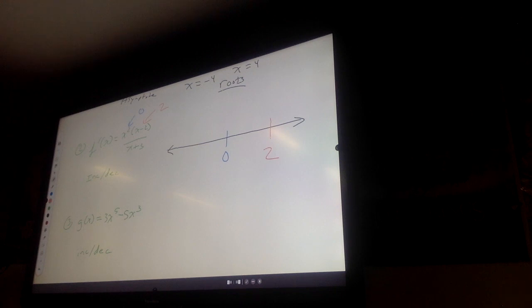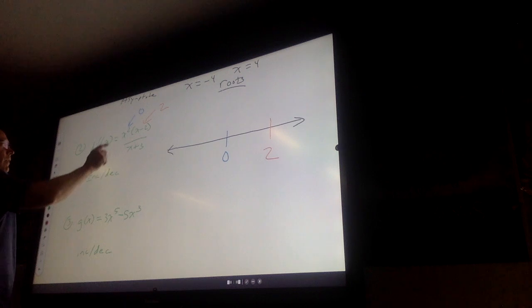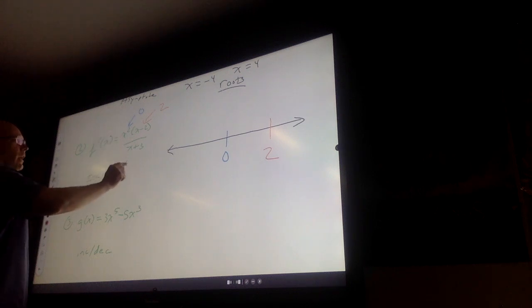So let's think about this. What's a number that is left of 0? Just a number. It's not up there on the thing. Which one? -1. Okay? So I'm going to think about if I were to take -1 and plug it in.